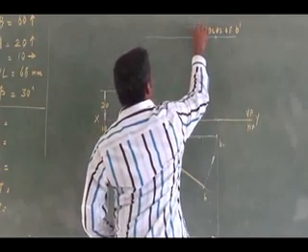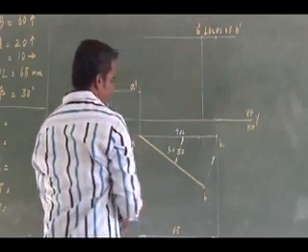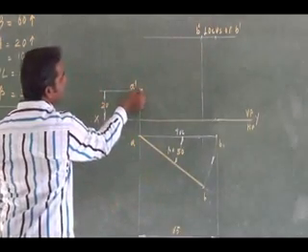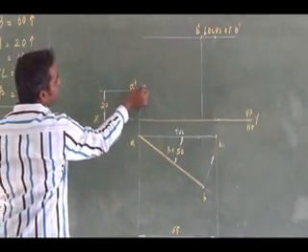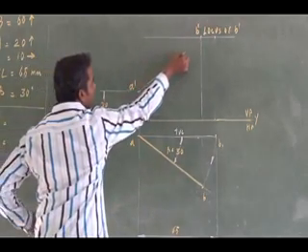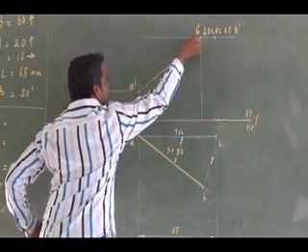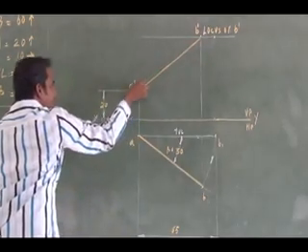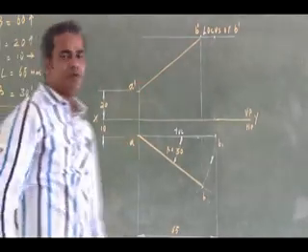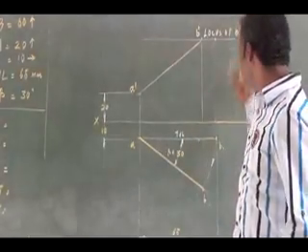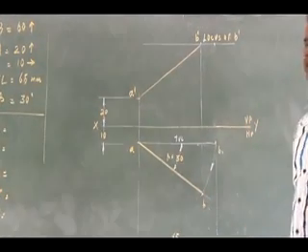So this is going to be my B dash. So joining A dash and B dash, I have got my final projections, that is AB and A dash B dash.